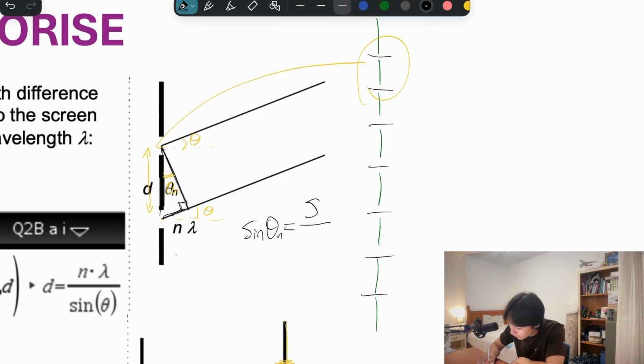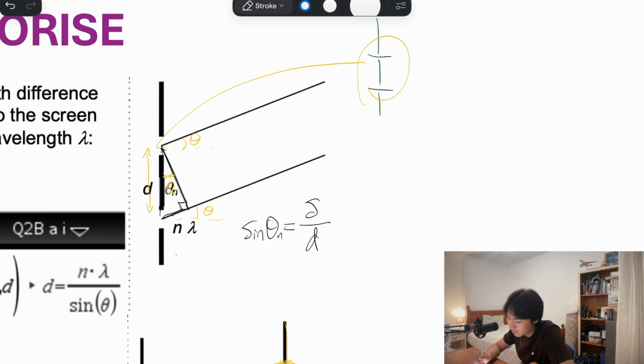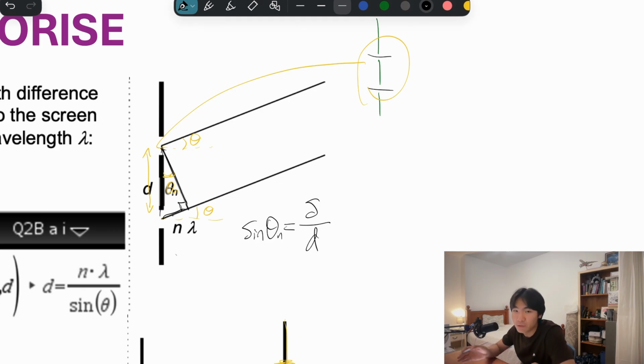This is going to be the path difference over the slit distance d. And for this one, you don't even have to write down the assumption that, since xn is a zone of constructive interference, the path difference should be an integer multiple of the wavelength.